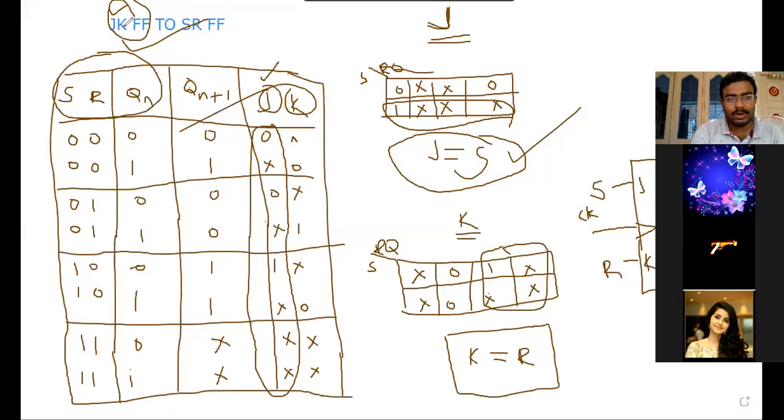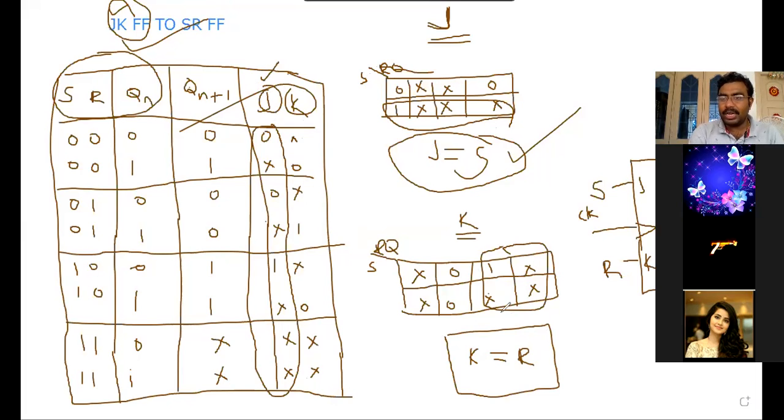Since they are asking to convert to JK, take the input variables of the JK flip-flop. From the present state and next state values in the truth table, you take the excitation table and fill the contents in here. Then you will get J and K values. And take a K map. Since you have 8 combinations, consider a 3 variable K map for J and K. Get the values that you are getting.